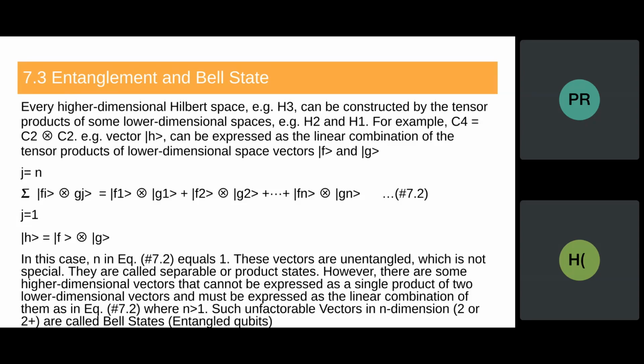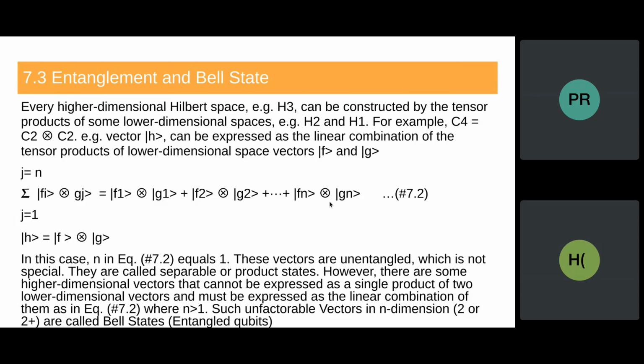It's a combination of C2 into C2 and vector H. In this case, if H is a higher-dimension vector, and it can be expressed as a linear combination of lower spaces, which are vectors F and G, then H is equal to vector F in lower space tensor vector G in lower space. So 2 dimension, or 4 dimension.